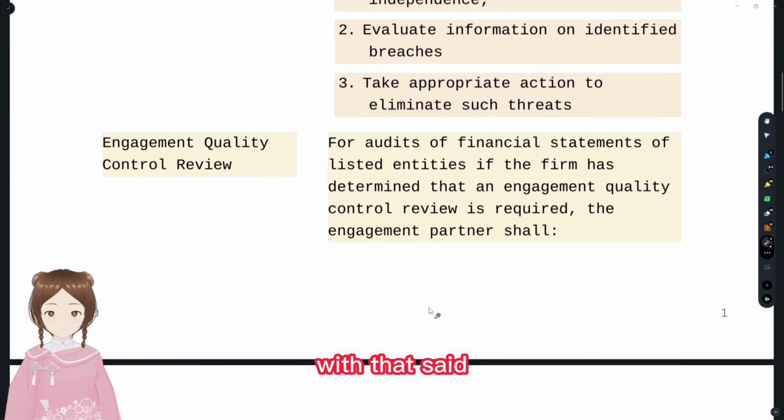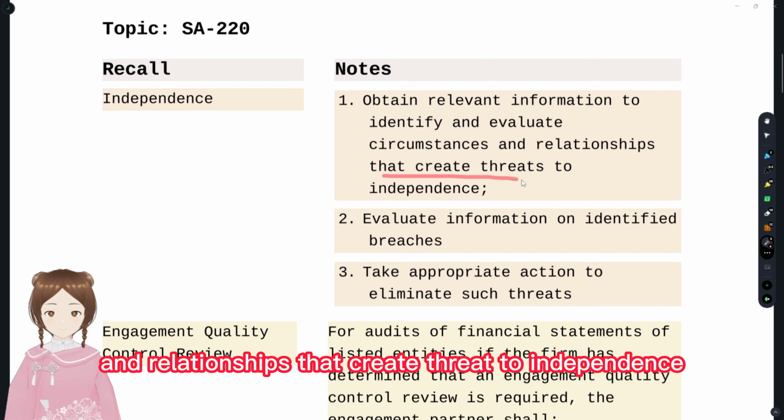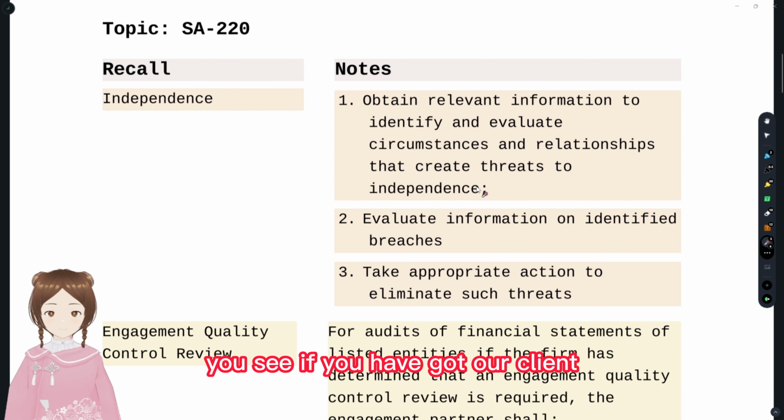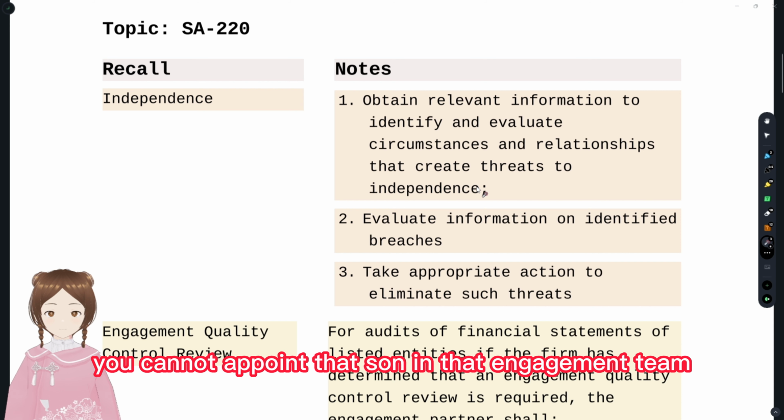With that said, we'll move on to our topic here, independence. With regards to independence, what all do you have to write? Obtain relevant information to identify and evaluate circumstances and relationships that create threats to independence. If you have a client whose son is also an article assistant in your firm, you cannot appoint that son to that engagement team, right?